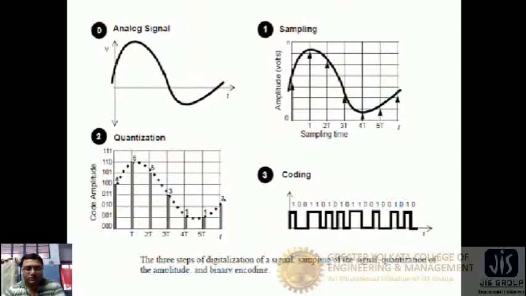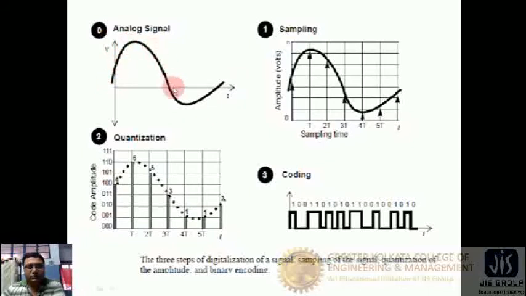This is the whole process. We convert the analog signal to a digital one, starting from a pure analog signal. In stage 1 you can see a continuous analog signal. It is an important process, and the whole process is described with this picture.